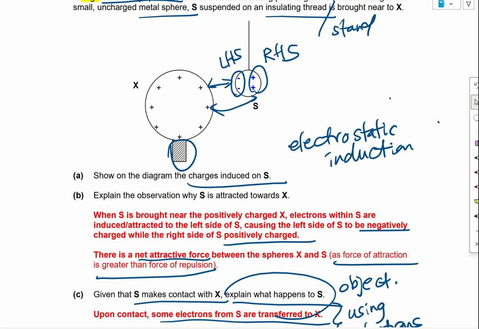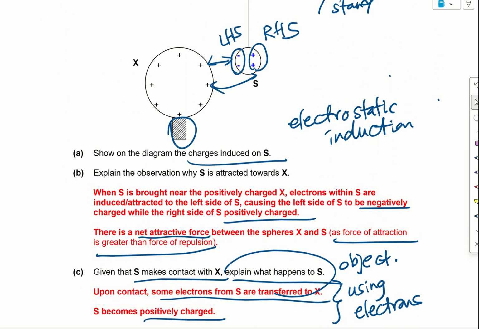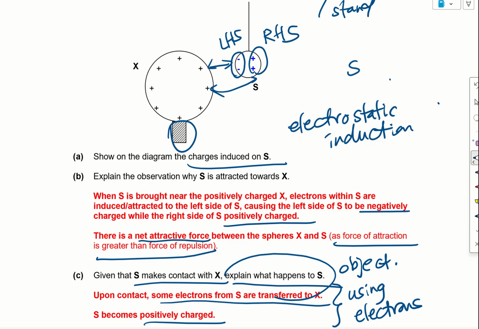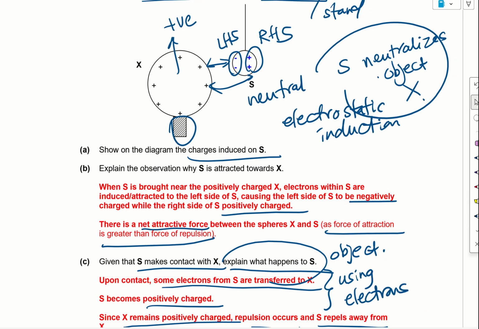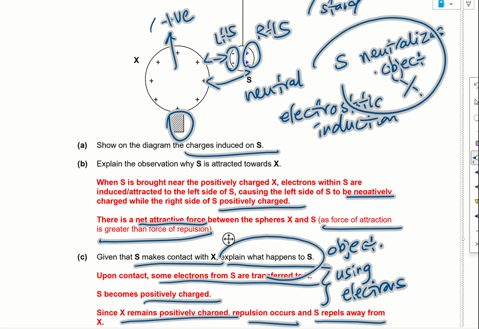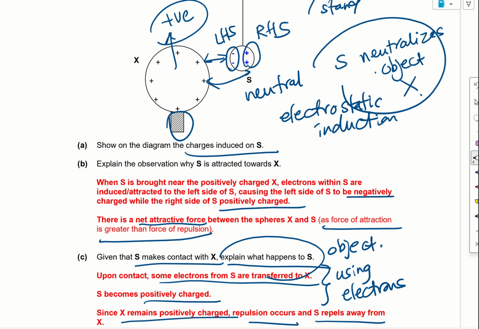I've seen some answers that say that S neutralizes object X. This is not possible because S started off as neutral, and X started off positive. There's no way that they both become neutral because it started off with a net charge.